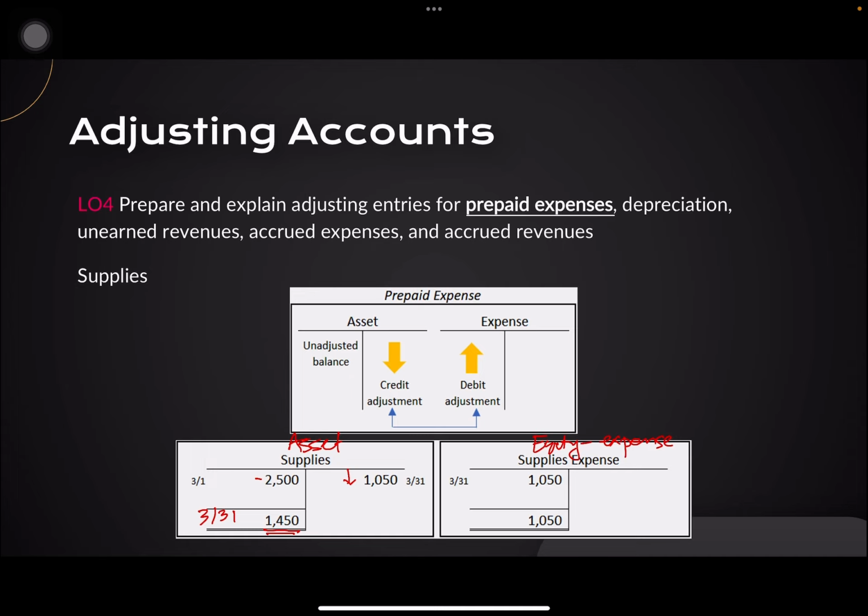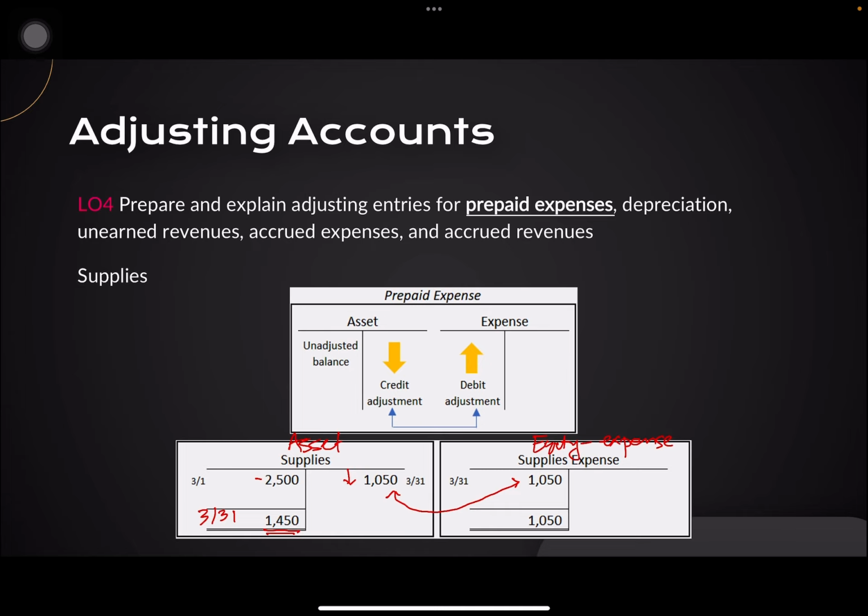Okay? So again, the decrease in your asset account would also be the recognized expense in your supplies expense T account. So this value, the credit adjustment that you made on your asset account, transfer it or record it also in your expense as a debit adjustment.